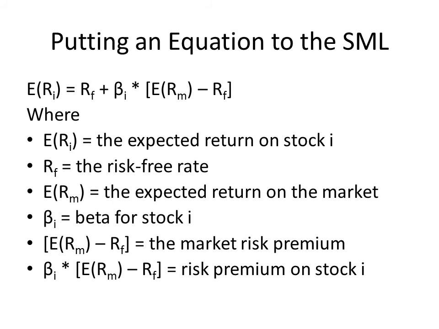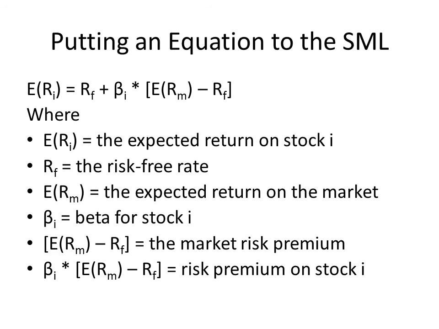Now let's talk about the individual pieces here. The expected return on the market is what we think the market is going to return in the coming year. The risk-free rate, you might see a problem that says the interest rate on treasury bills, or the yield on treasury bills, is such and such. That's your risk-free rate. And that piece in the square brackets is called the market risk premium.